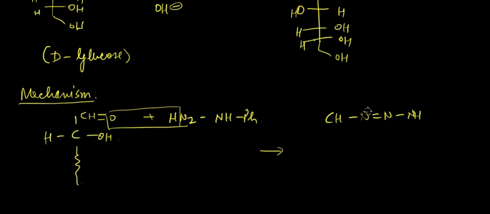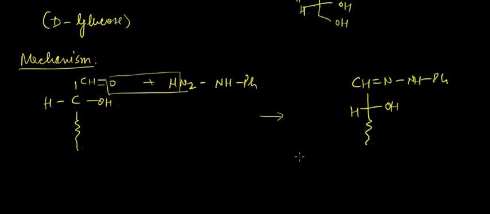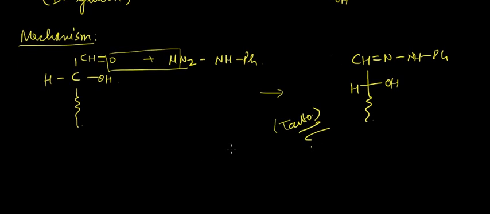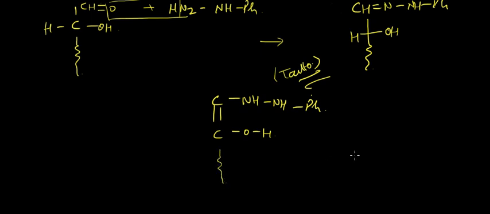This is the carbon atom, and Ph here, and similarly we will get OH, H, and the rest of the chain here. Next it will undergo tautomerism, and as a result we'll be getting C here, NHPh here, and C-OH here, with the rest of the chain remaining the same.